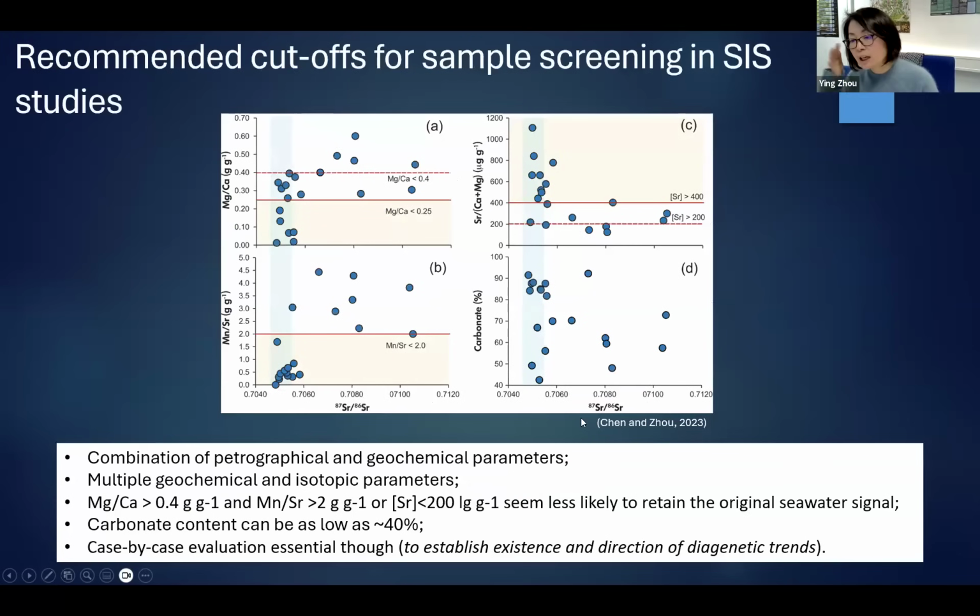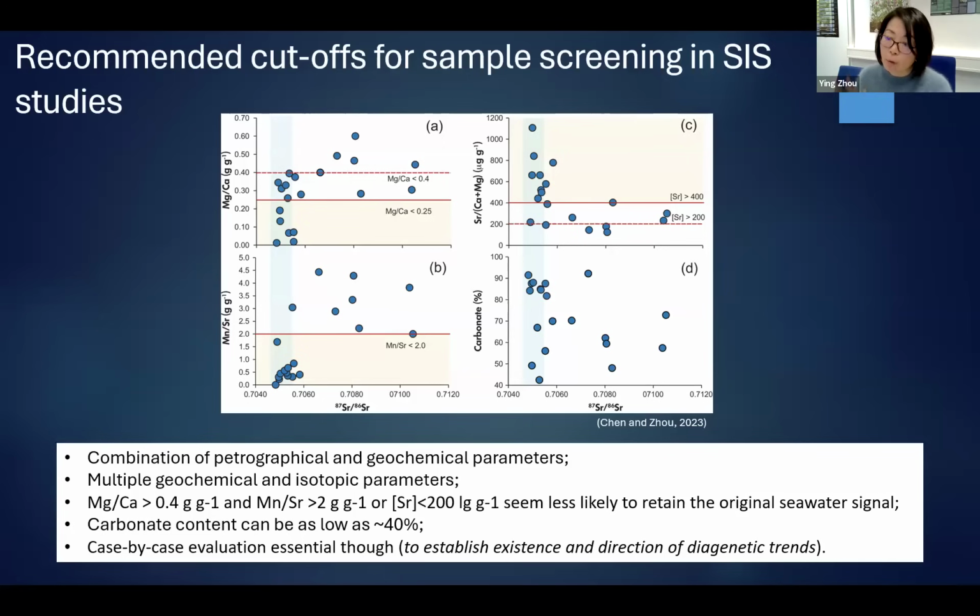So after the study, we also give a recommended cutoff threshold for samples which can be used for SIS study. And we think, from the previous study we have on strontium isotopes, a combination of petrographic and geochemical parameters will be important to screen the samples, and not only geochemical but also isotopic parameters.